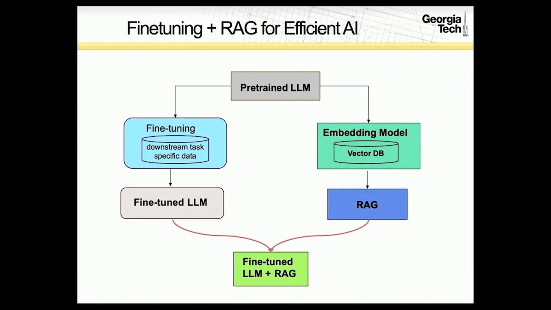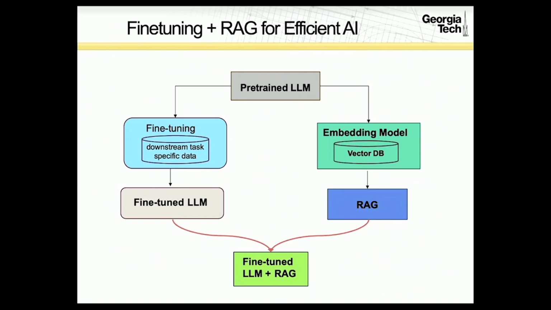Then if your fine-tuned model is also combined with the RAG approach, leveraging external knowledge to enhance your fine-tuned model's output, then you can generate an even better model. Because using this embedding model and this RAG approach, you can mitigate hallucination.